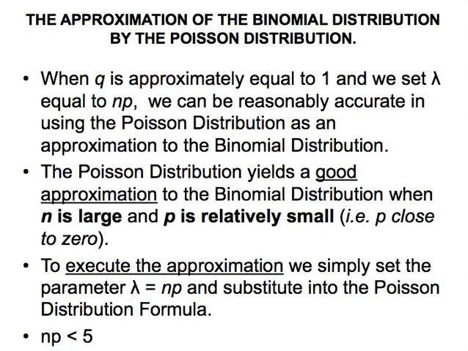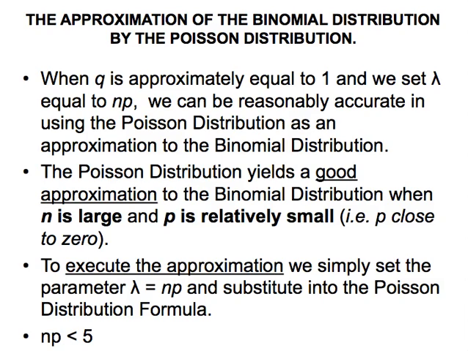Now there are times when a situation is binomial and we can use Poisson to work the problem out. The Poisson distribution will give you a good approximation to a binomial distribution when n is large and p is small. Usually large in this case means n is greater than 50.